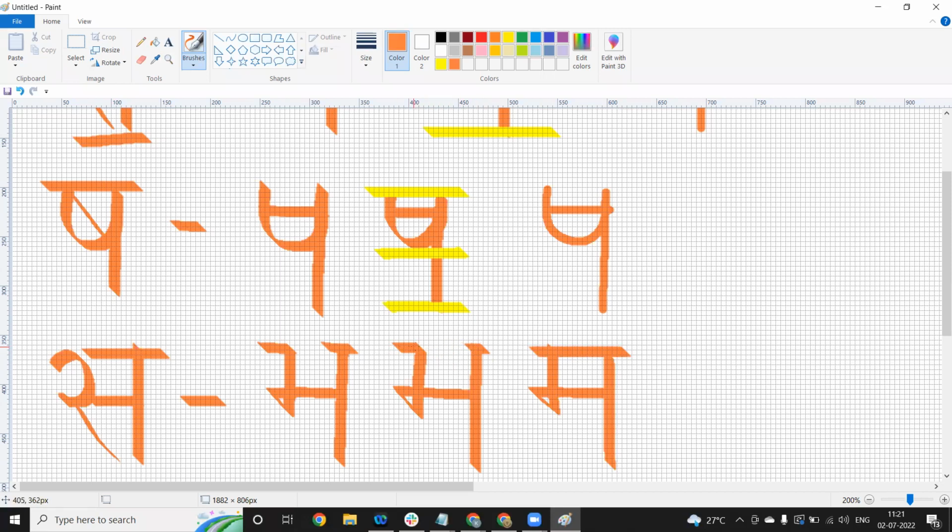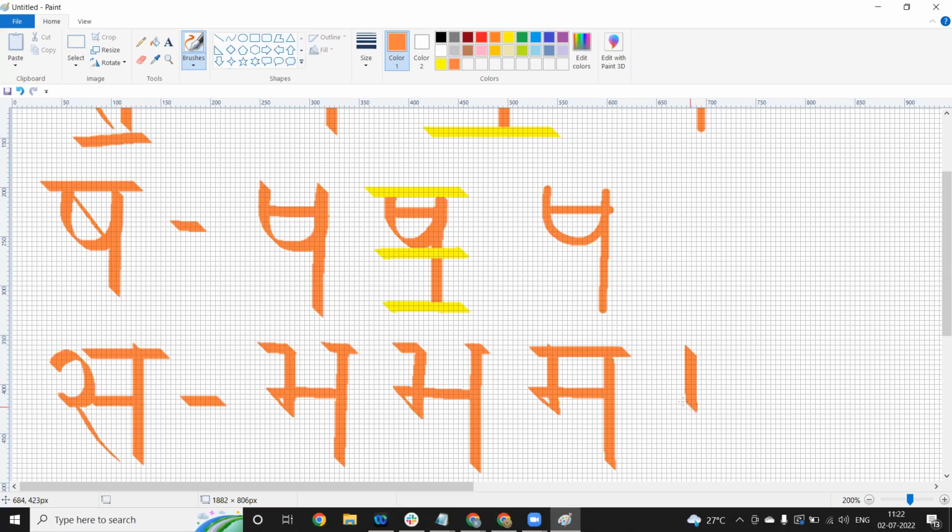Only in the beginning we have this little small horizontal line here, and on the last stroke there is a small line on the top. So that is the only difference, this Shirorekha. The rest looks the same.